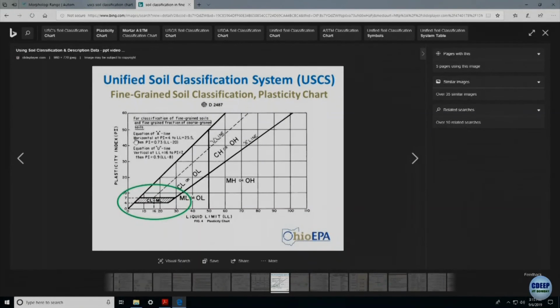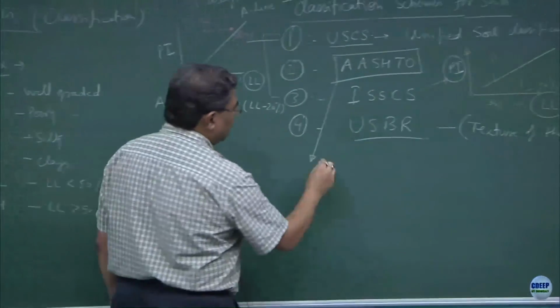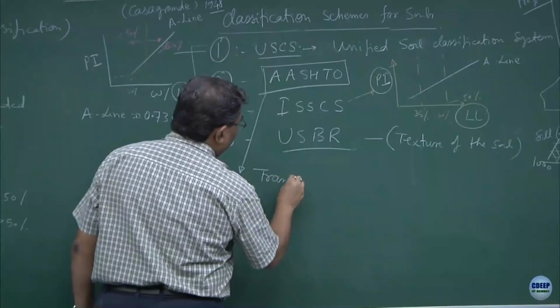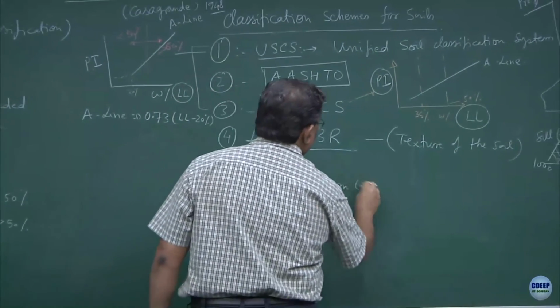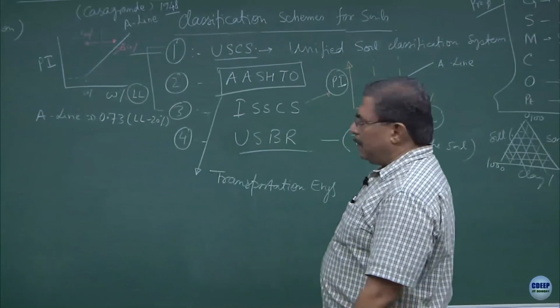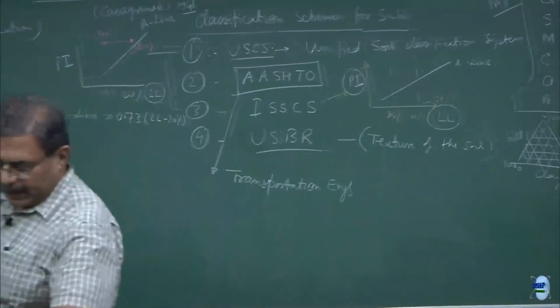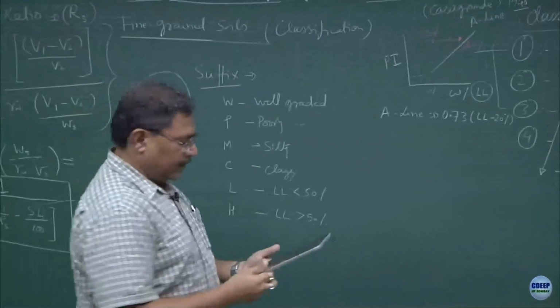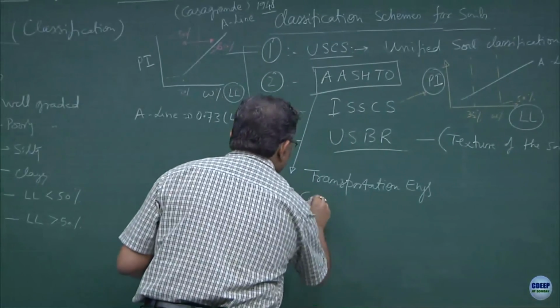Now, what remains here is the AASHTO. AASHTO is normally being used by the transportation engineers. It is a very incomplete sort of a classification, where they create a big index like this, what is known as group index.